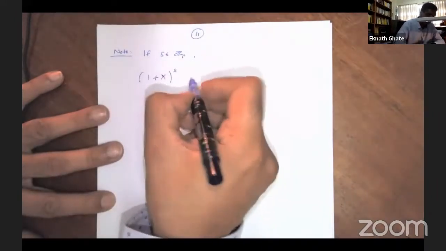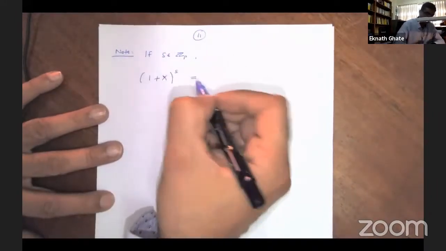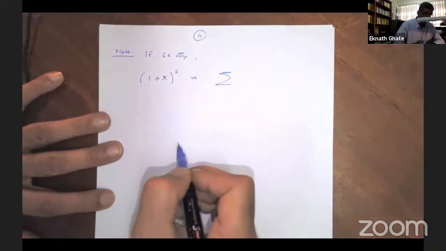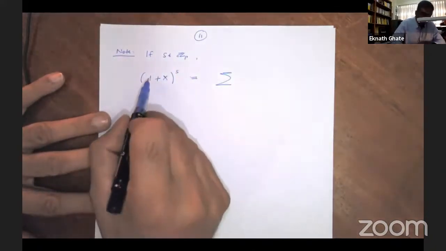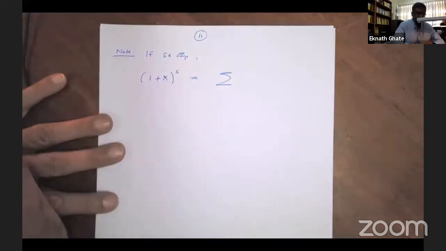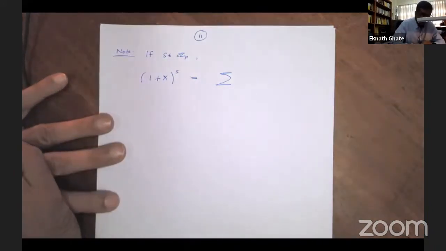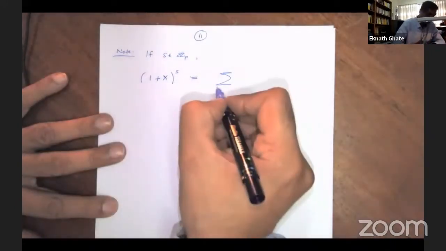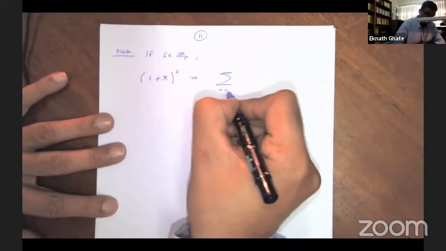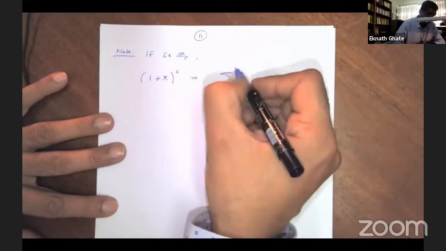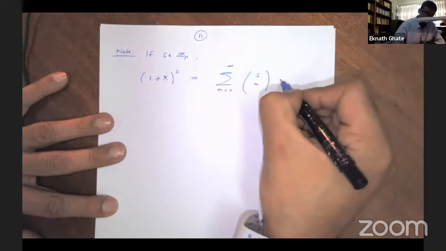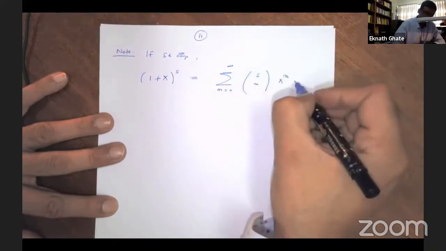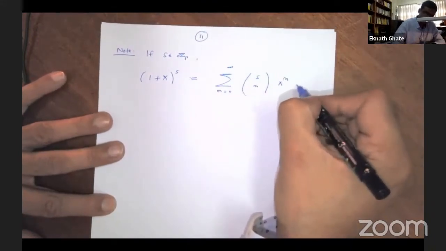Here is a very interesting power series: 1 plus x to the power s. For example, if s is an integer, suppose s is 5, then of course it's very clear what you do, use the binomial expansion. But if s is a p-adic integer, then you can just use the binomial theorem and write down the following object.